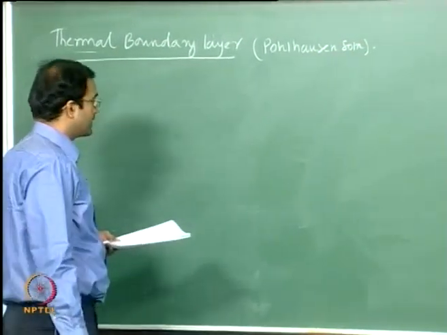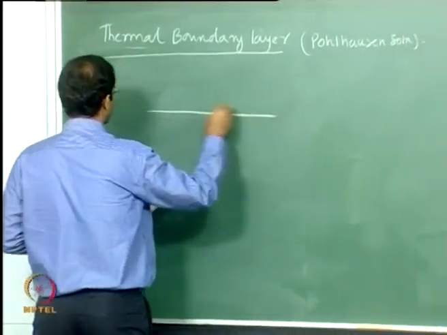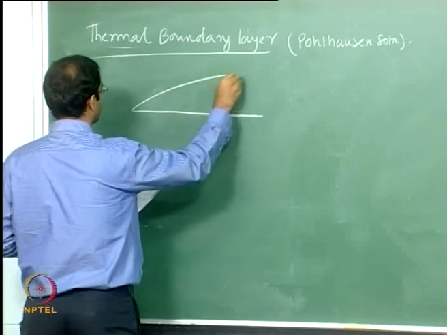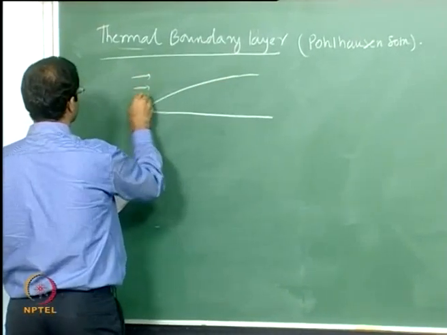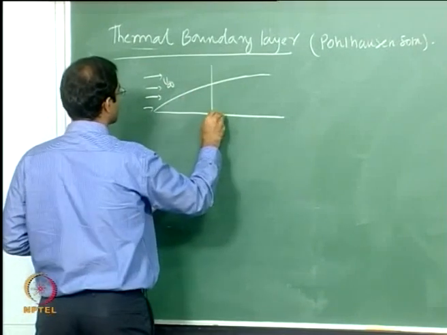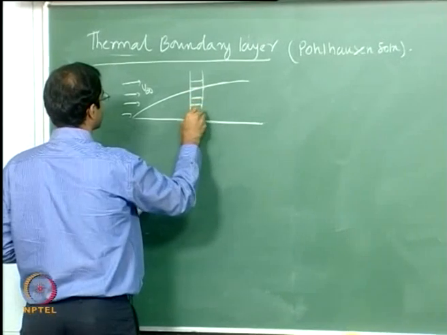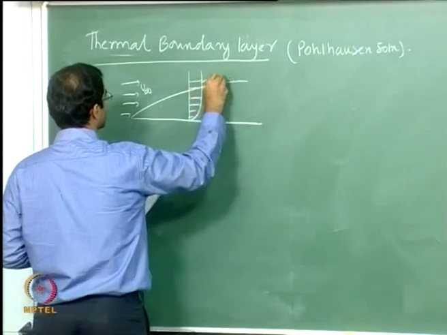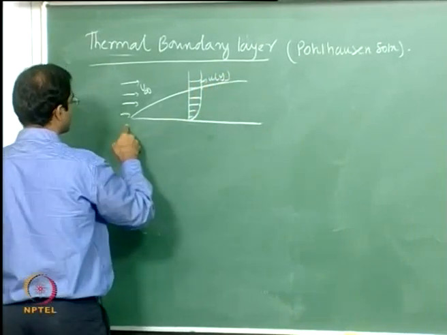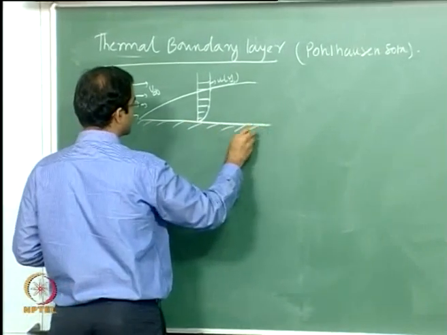Okay, so in the case of heat transfer, you very well know that earlier we had considered only the fluid flow, and this was the velocity profile. So now you are maintaining this surface at a constant temperature.